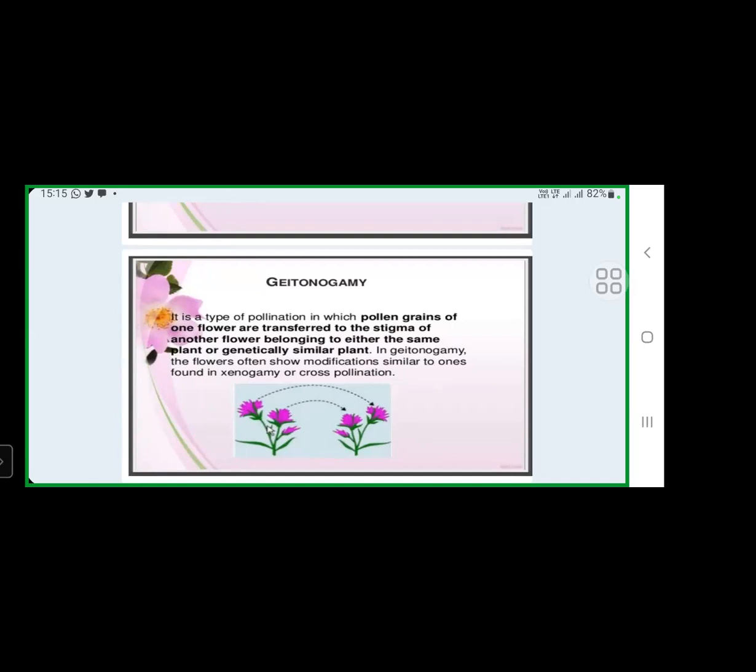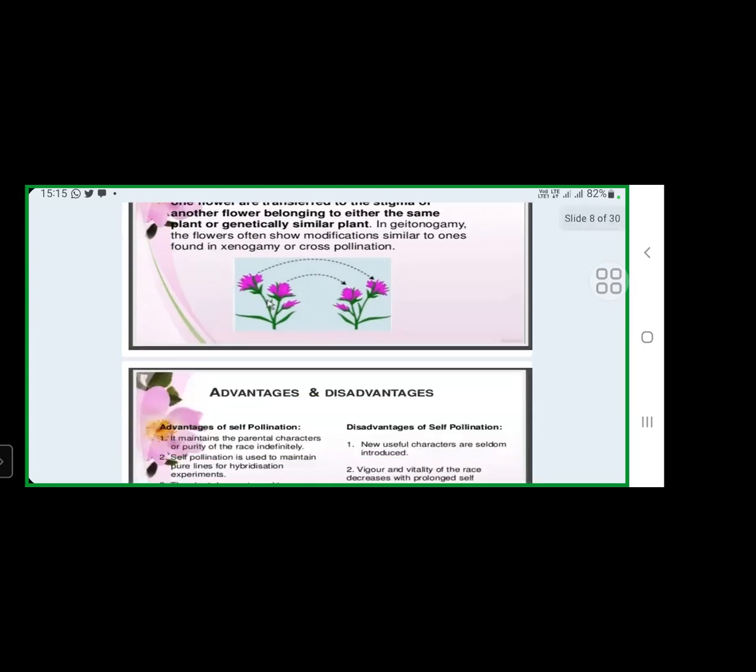So in geitonogamy, the flowers often show modifications similar to the ones found in xenogamy or cross-pollination also.